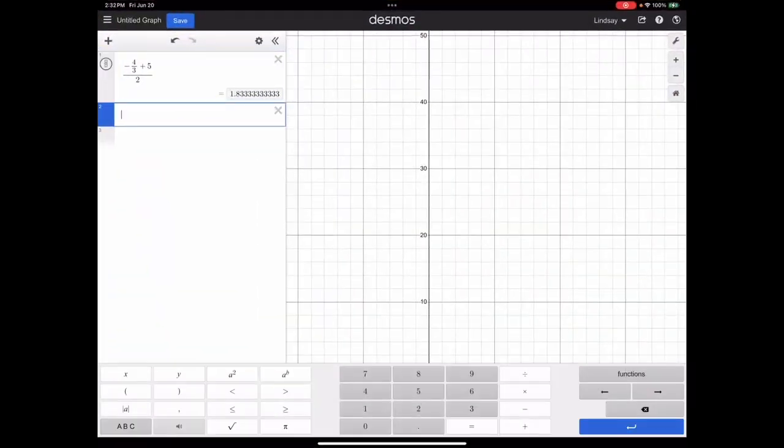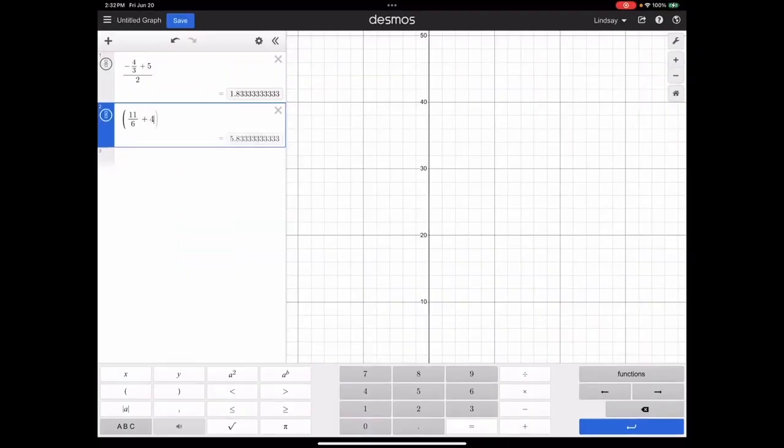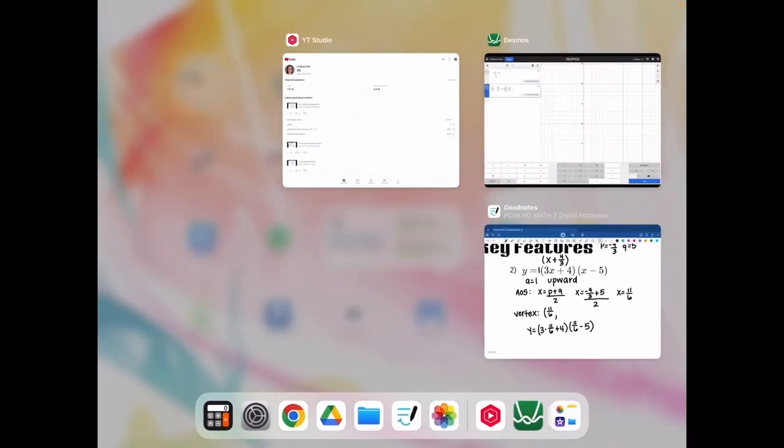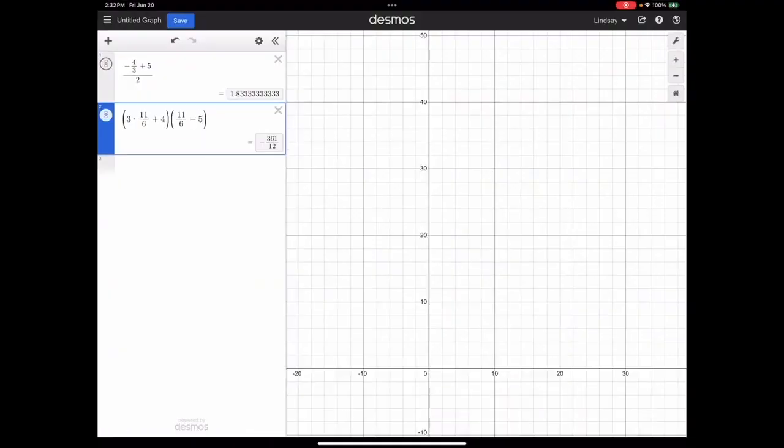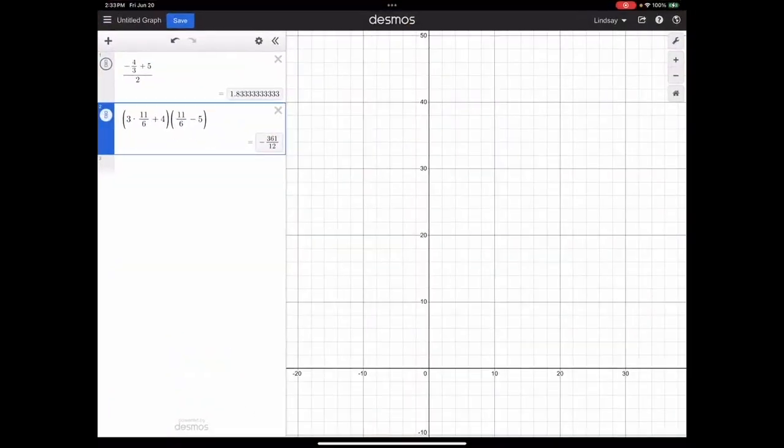So we have plus 4, and then 3 times that, and then we have 11 over 6, and that's going to be minus 5. So again, we get negative 30.08 or negative 361 over 12. So I know these came out to be weird numbers, and that's okay. That's still where it's located.